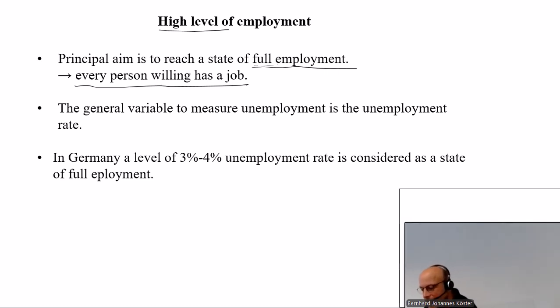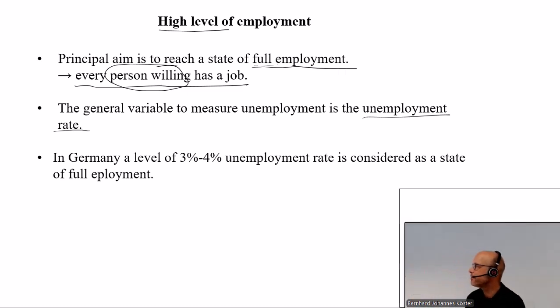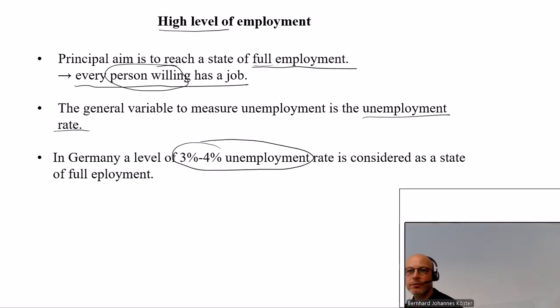So every willing person has a job, and we are measuring this, and in a minute we come to the definite definition via the unemployment rate. And then if we have a look at the German economy, then we say, okay, this is reached when roughly 3 to 4% of people are unemployed.